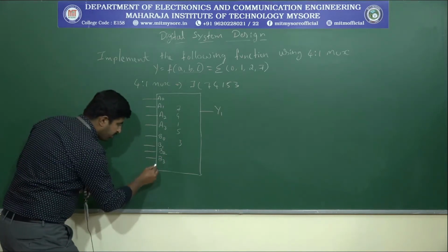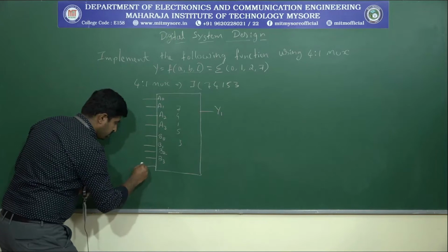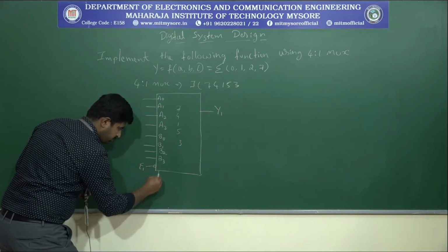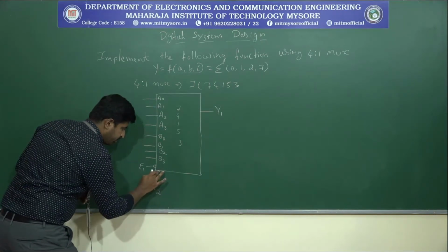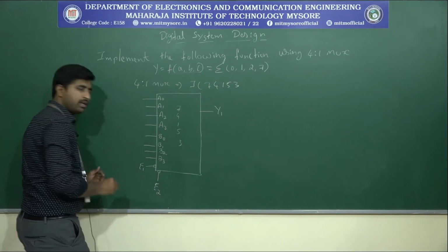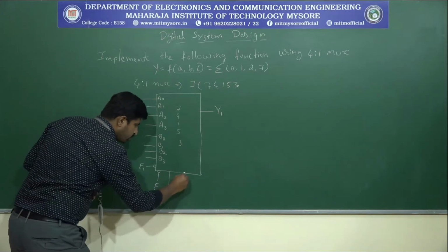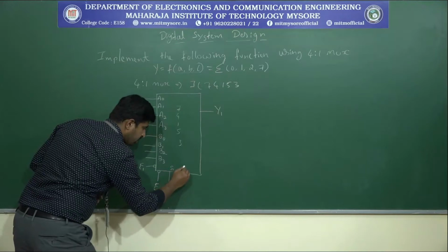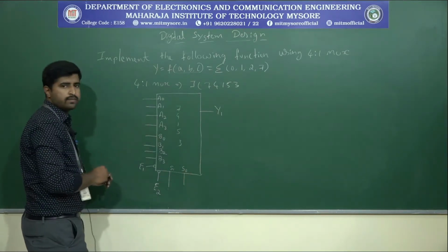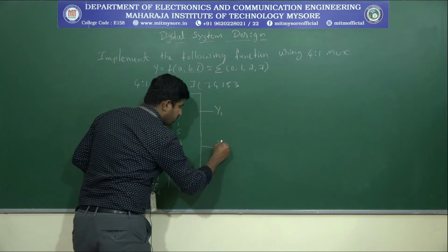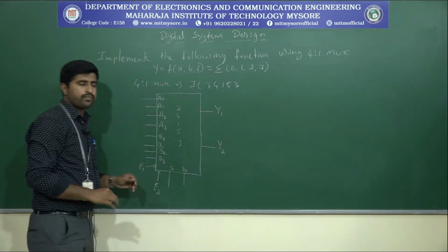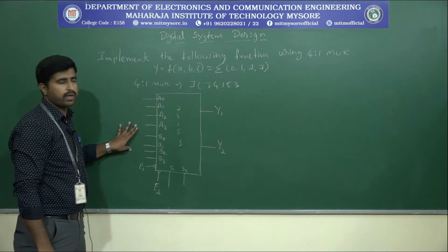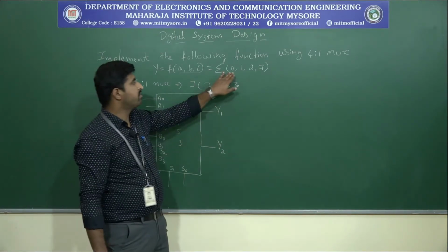And we have 2 enable pins, E1, keep in mind it is an active low pin, and E2, again an active low pin. Then we have the two select lines, S1 and S0, and one more output, that is Y2. So this is the 74153 we have. Now we need to implement the given function.